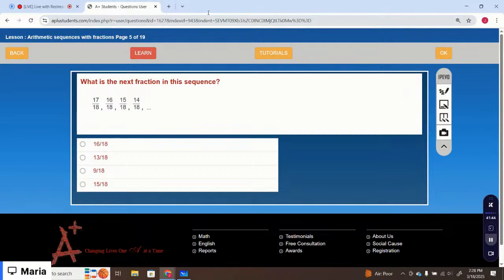What is the next fraction in the sequence? The next one is 13 by 18.